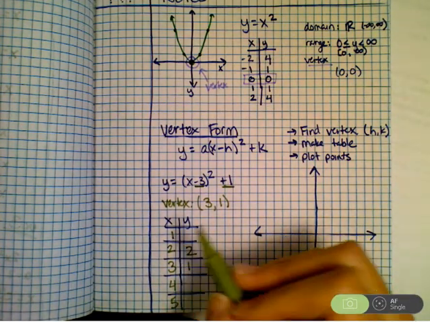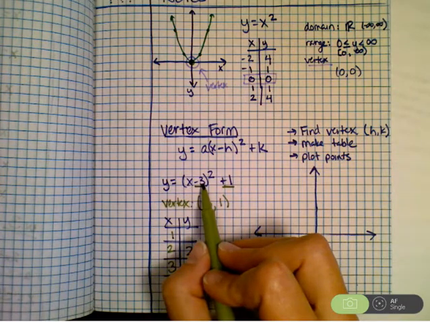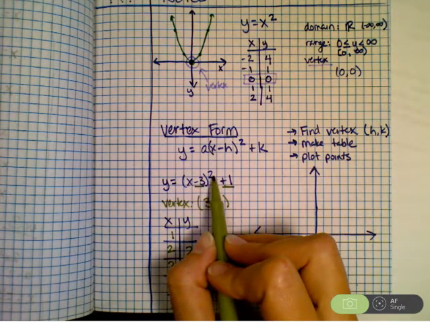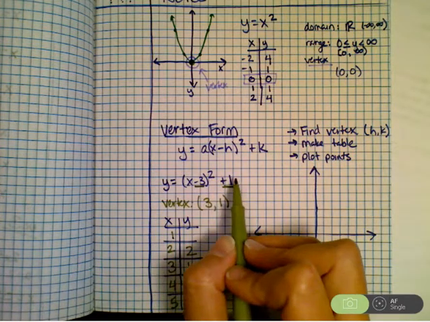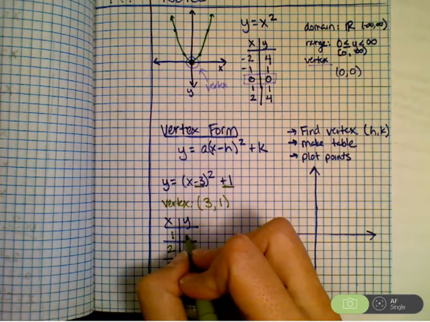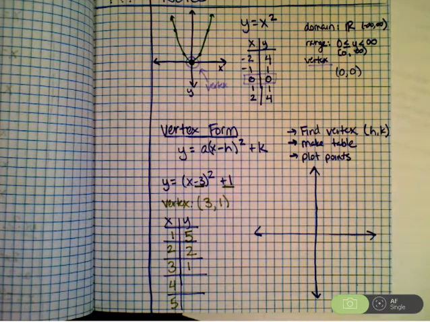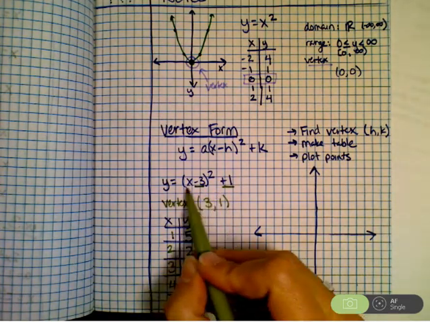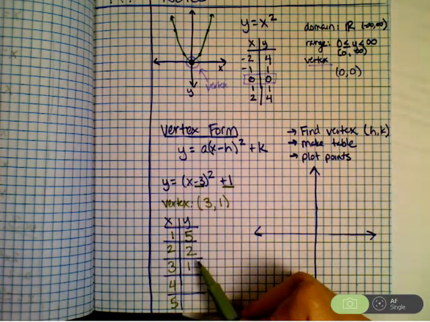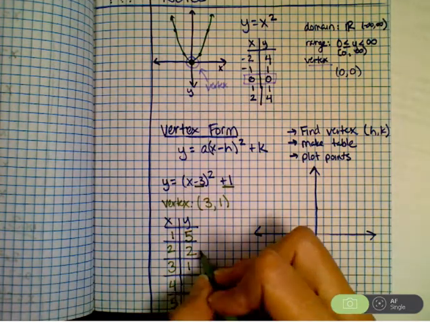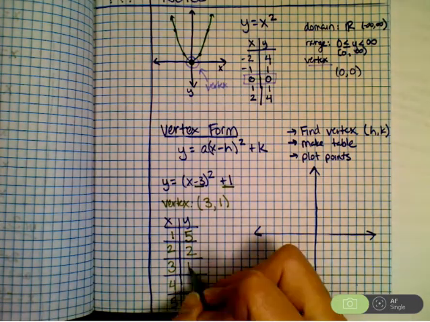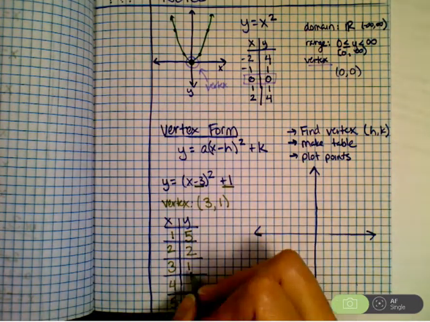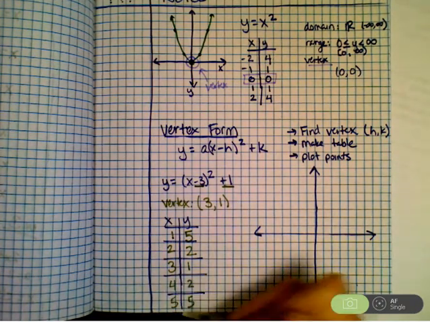Next I'm going to plug in 1. 1 minus 3 is -2. -2 squared is +4, and +4 plus 1 is 5. So I'm just plugging these x's into my equation to figure out my y values. And then I know that on the other side of the vertex, it's going to be symmetric. So if it goes 1, 2, 5 that way, it goes 1, 2, 5 going down as well.